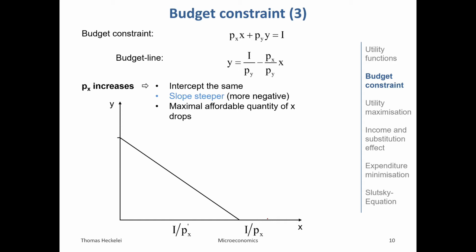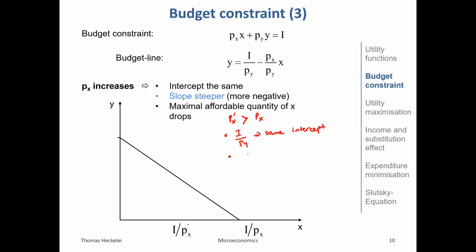Why is that the case? Let's see. Imagine, so now we have px prime larger than px because it increased. So that would mean the first thing is I over py, same as before. So that intercept stays the same.